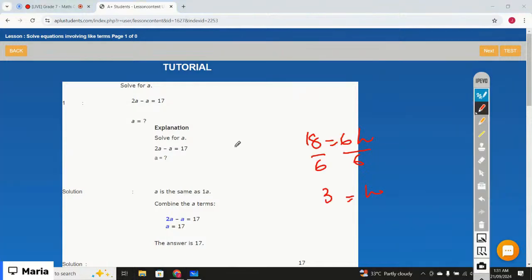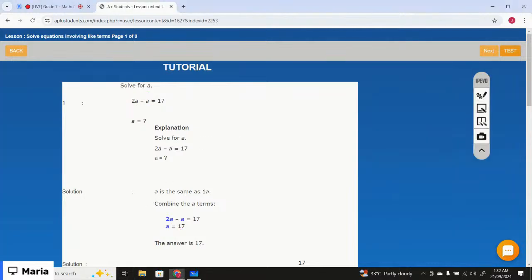Like terms are the ones that have the same variable. Like 2A minus A, they are like terms because they have the same variable, that is A. So just combine these like terms. 2A minus A is A equals 17.